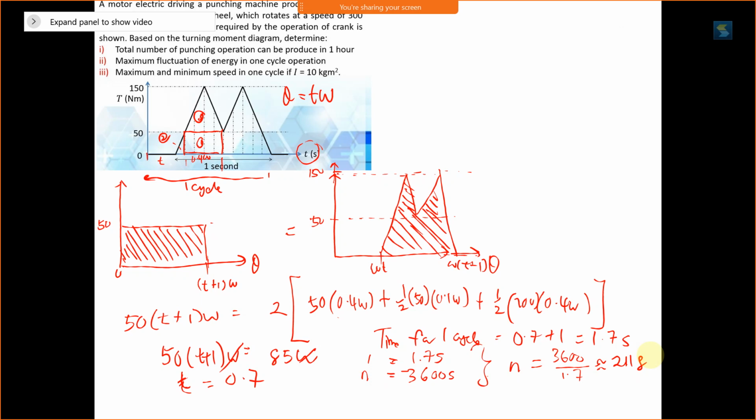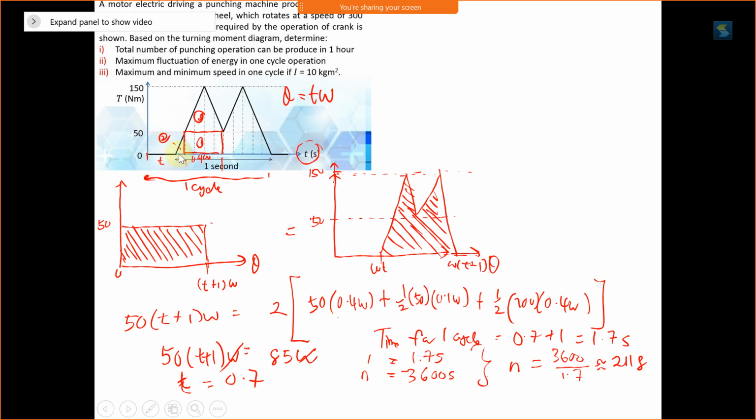Okay, number 2, maximum fluctuation of energy in one cycle operation. So here we will go to step number 5, superimpose the graph. Where can we get the 50 and 0.4? On the graph. On this graph we know here is 1 second.